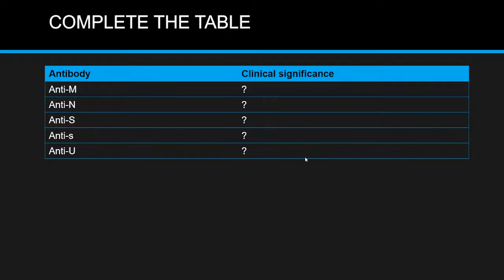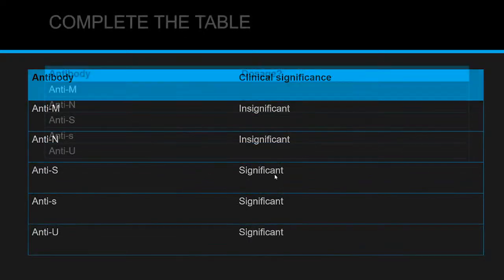All right, let's go to the clinical significance. M and N, since they're naturally occurring, are usually clinically insignificant. And the S, the big S and the small s, and the U antigens are the ones that are significant. Okay?